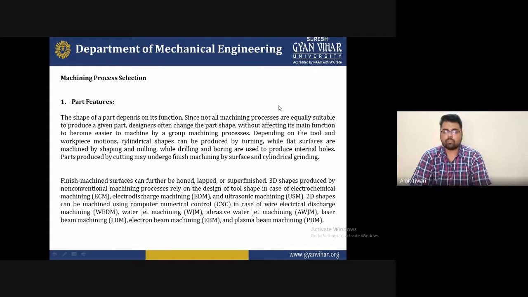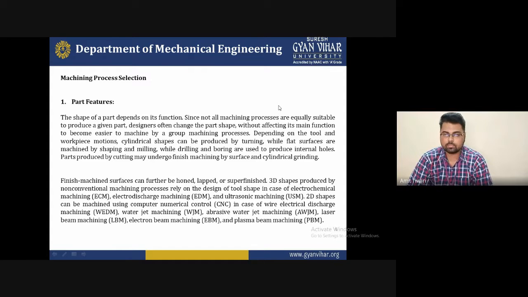So basically, for the selection of a machining process, first we require the part feature: what type of machining you will perform for that particular operation. If you want to produce a 3D shape, you will use non-conventional machining such as ECM, EDM, USM.